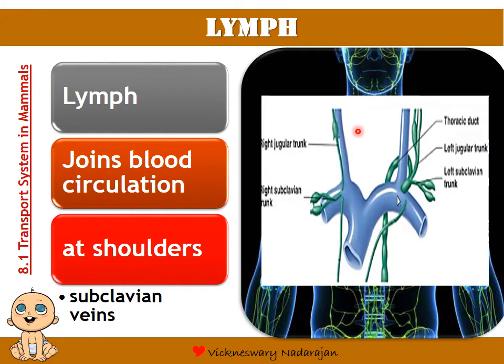If we take a closer look, these are the subclavian veins, the right subclavian and the left subclavian vein, and these green color tubes here are the lymph ducts. The thoracic duct will enter the left subclavian vein, whereas the right lymphatic duct will enter the right subclavian vein. And from there, it will mix with blood to make 100%.